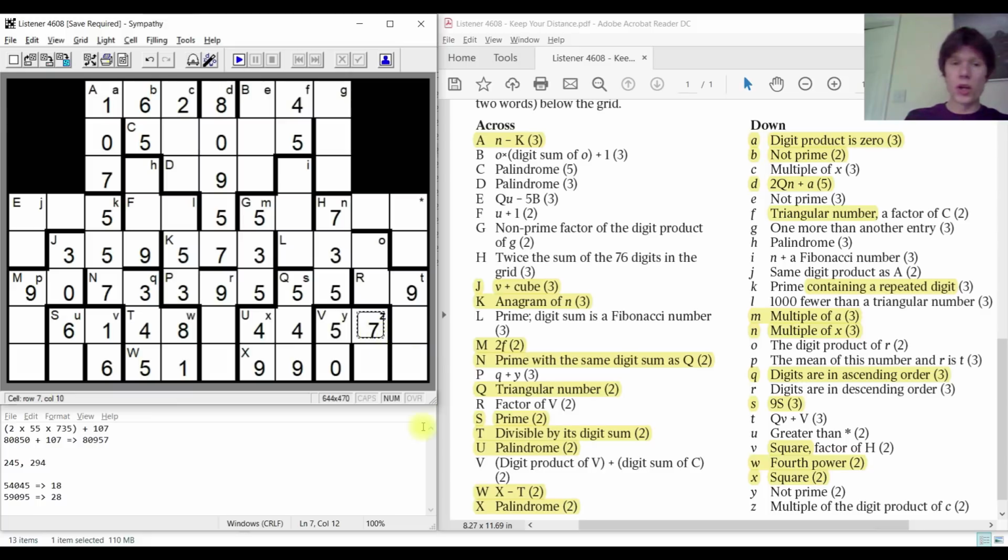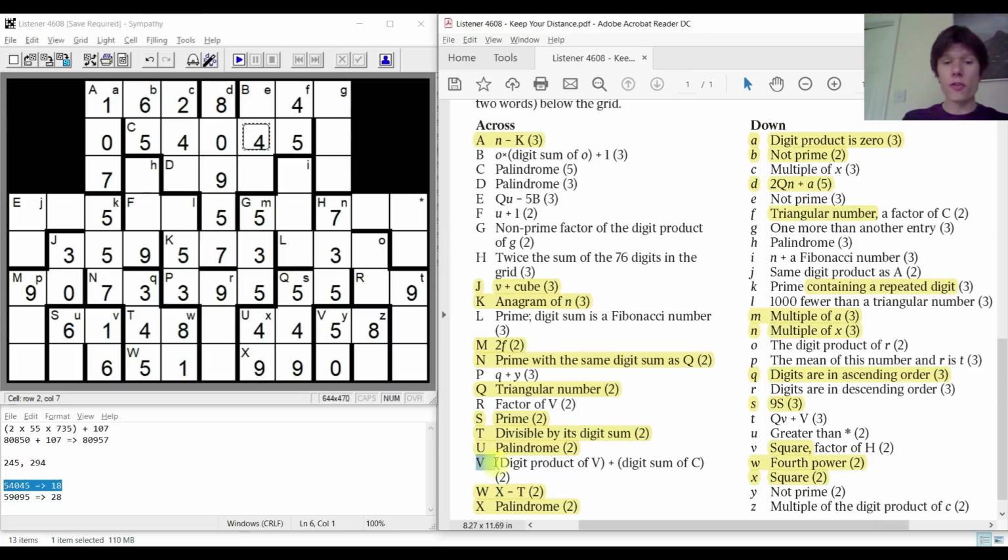So that doesn't work, and this cell, therefore, must be an 8. Now the digit product of V is 40, which means the digit sum of C would have to be 18. And we see that that is a possibility just there. So that means the digit sum of C is 54045, digit sum 18. That fits the clue for capital V. Digit product is 40 plus the 18 from the digit sum of C.